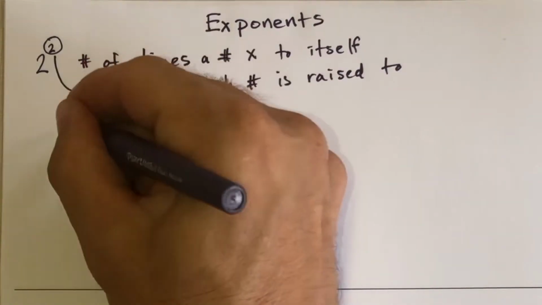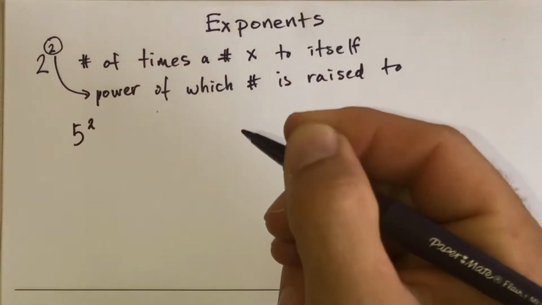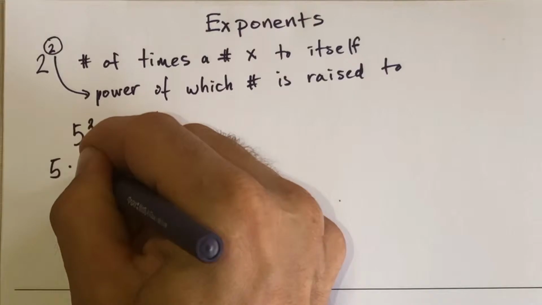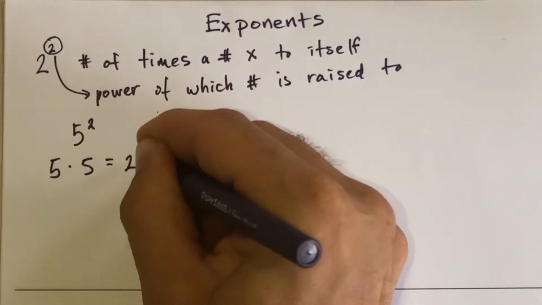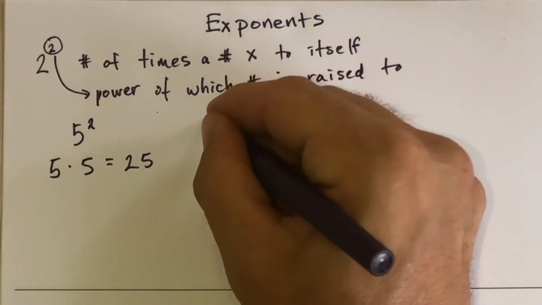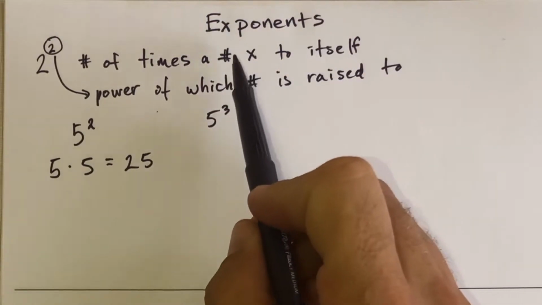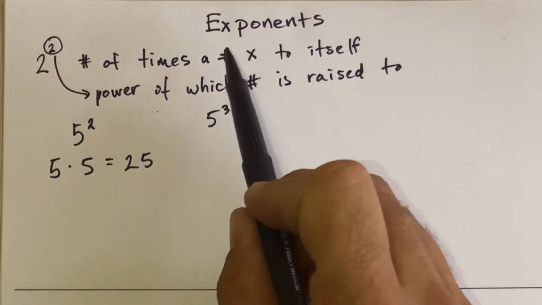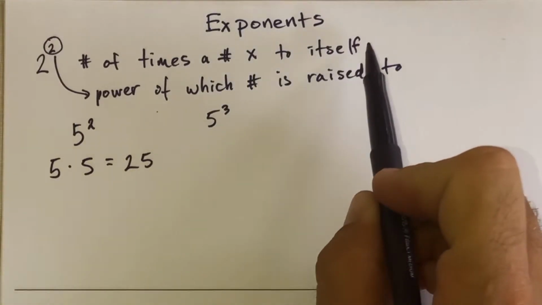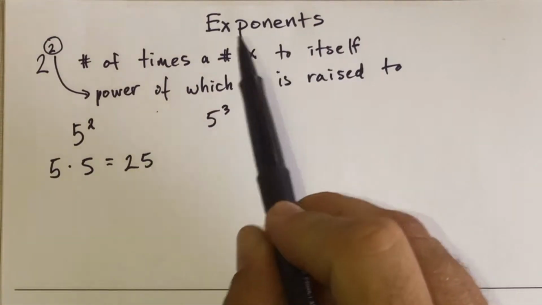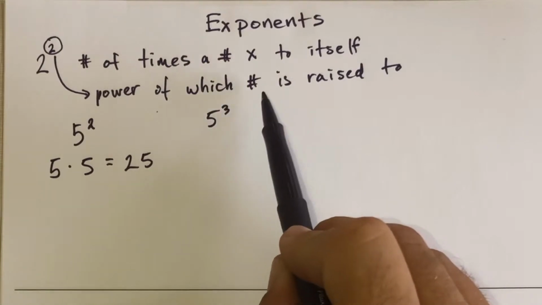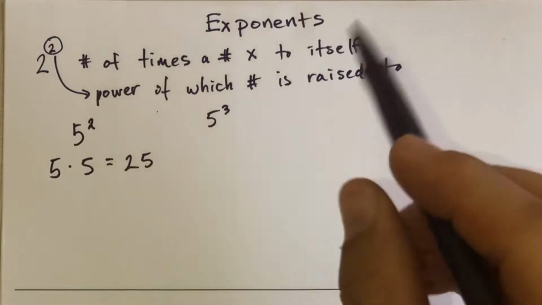Now, just a couple examples. If you look at 5 squared, that's simply 5 times 5, or 25. If you look at 5 to the third, that's saying that you are going to multiply this number 3 times by itself, and the power is how many times you're going to do that.